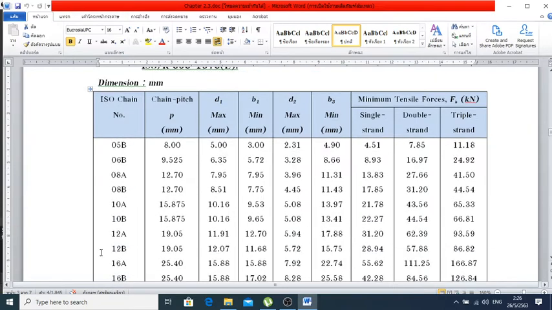For instance, if you select chain 05B with one strand, you are guaranteed that your chain can take a tensile force of at least 4.151. So when we design, we can pick the right tensile force for the forces induced on the chain in the system.